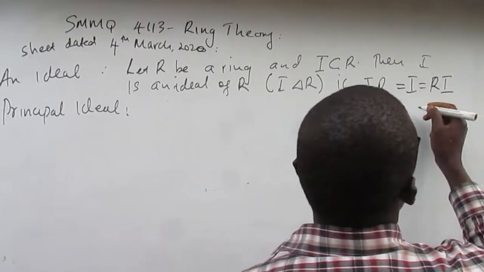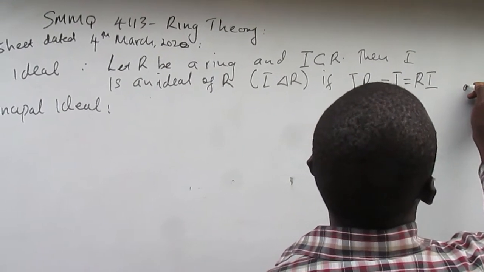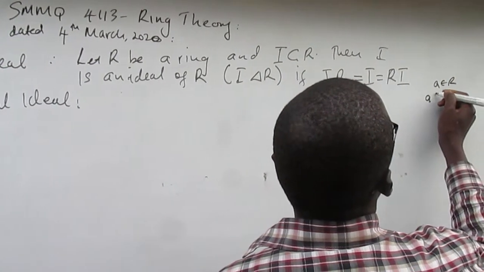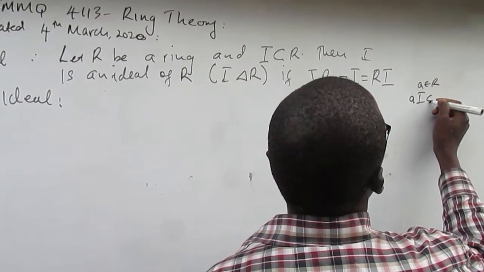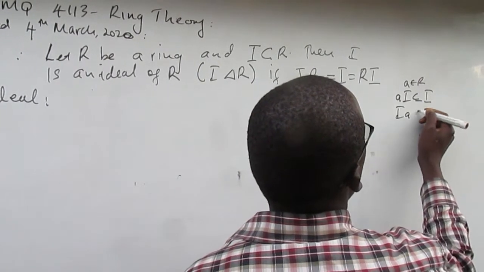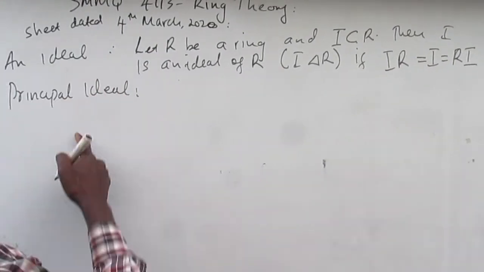So in other words, whenever you take any element in R, say A in R, then AI must be a subset of I, and similarly IA must be a subset of I. Now next, a principal ideal.